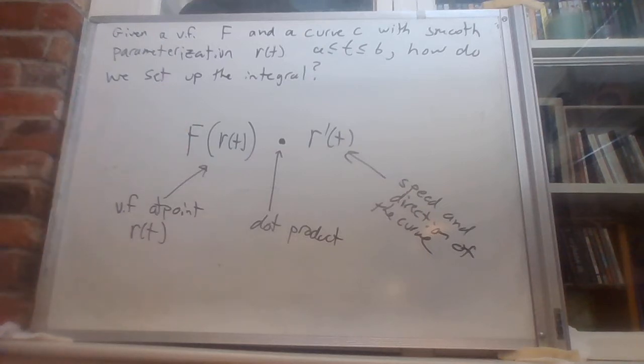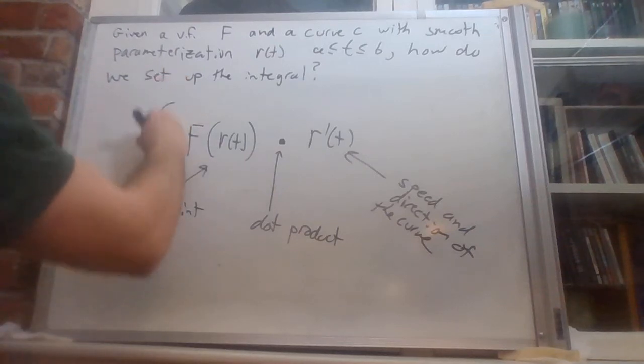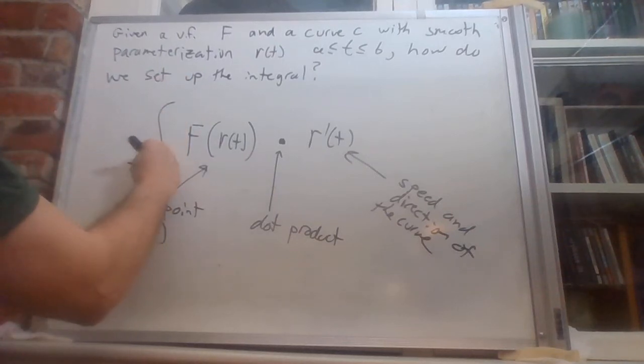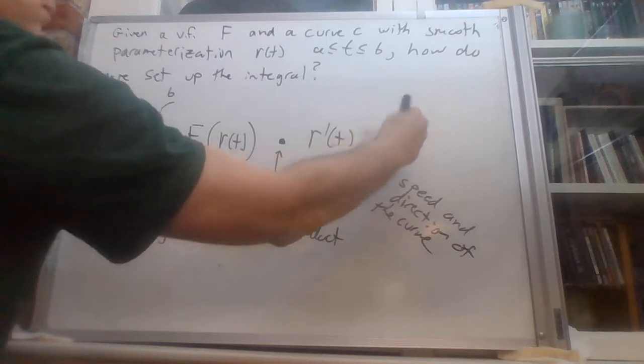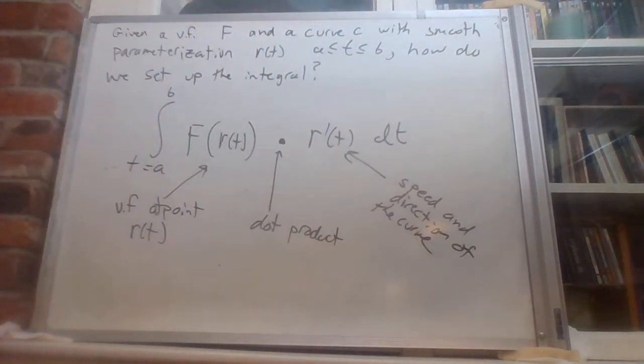This expression is like an instantaneous work done at the moment t at the point r of t. So to find the total work, we'll integrate this over the whole curve. And that is the line integral.